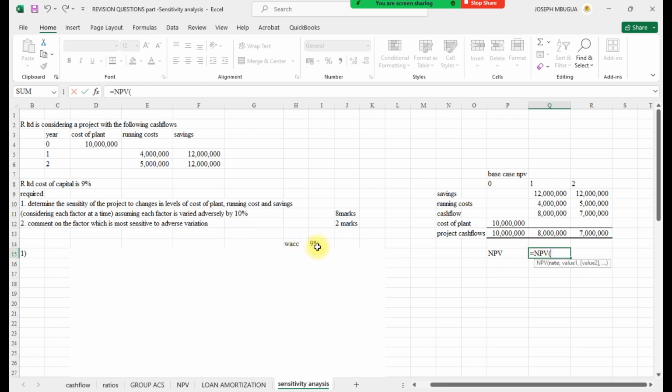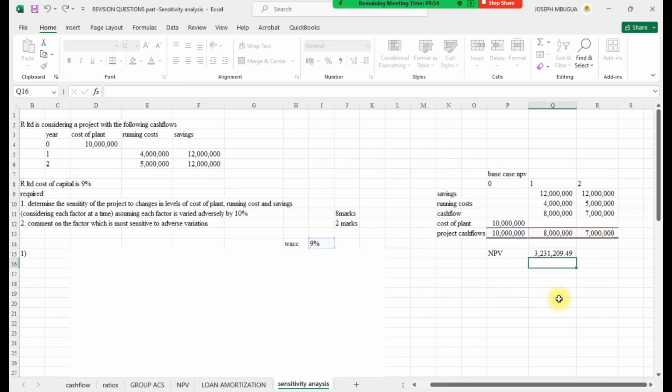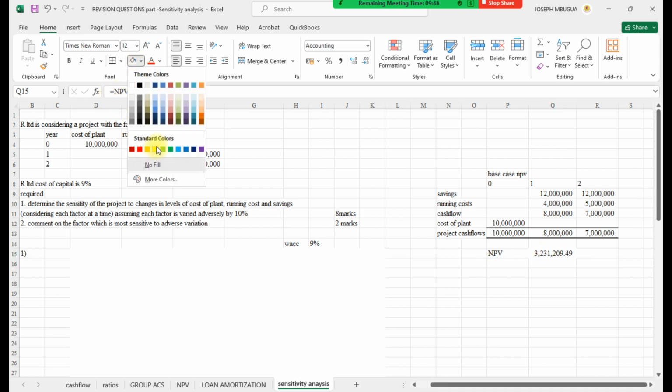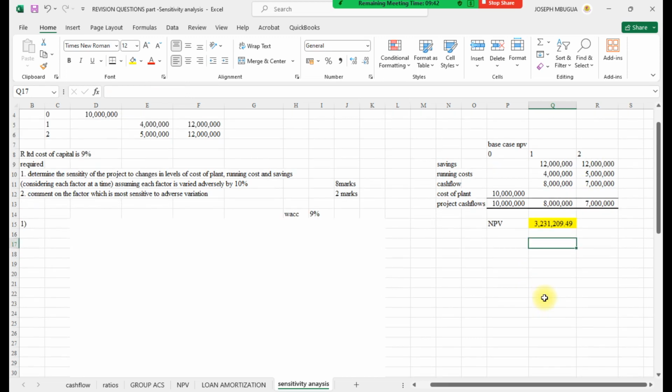Our cost of capital is 9%. We have the cash flows, and we minus the initial of 10. Meaning that the base case that we have is 32 as our base case NPV. Base case NPV is 32.